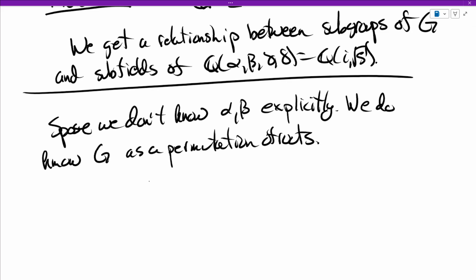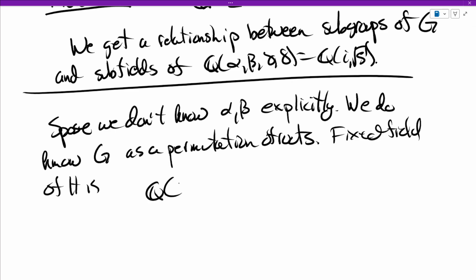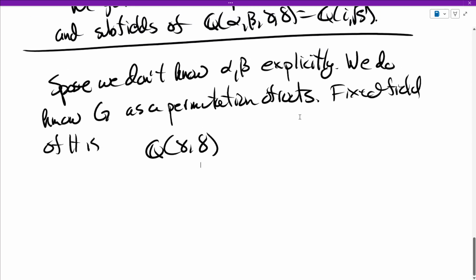So H is as before, and we know that the fixed field of H is, I'm going to write it as Q adjoined gamma delta, which is this Q adjoined root 5 that we've been dealing with.